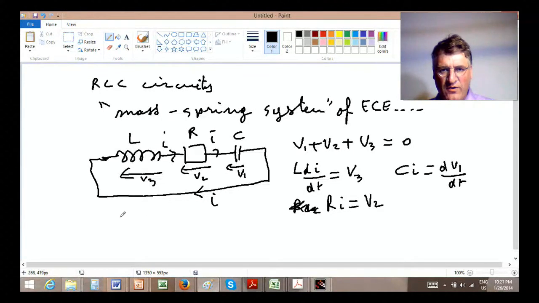The Laplace transform reads as, for this equation, L times S times I hat minus I of 0 is equal to V3.